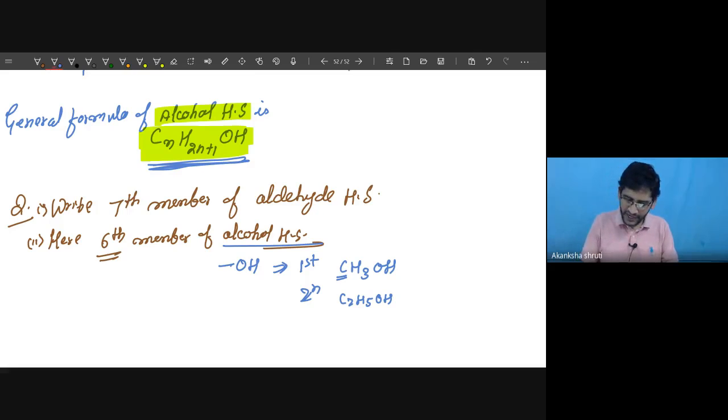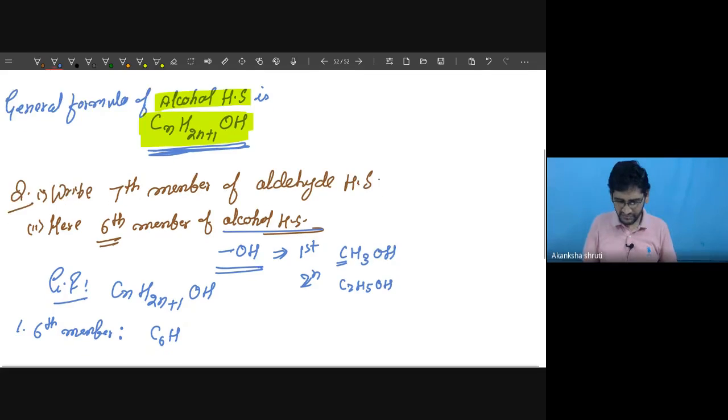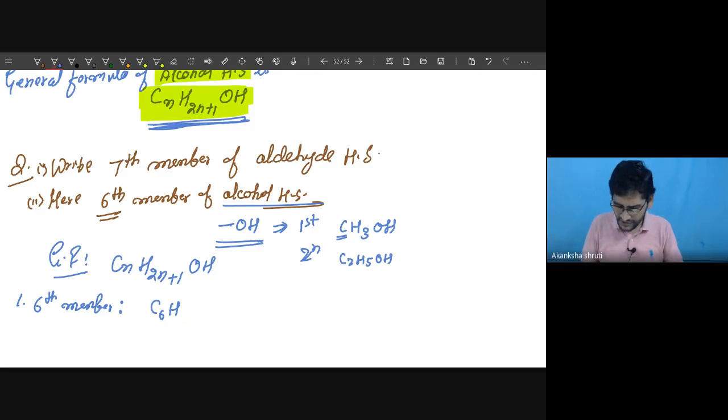The general formula for this is CnH2n+1OH, where you can directly substitute 6. Therefore, for the sixth member you substitute in this and you get C6H, 12 plus 1 is 13, and OH.